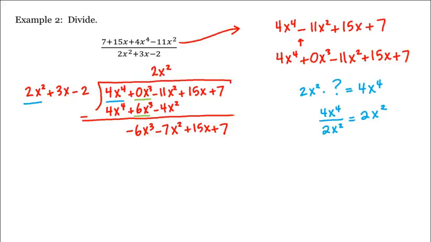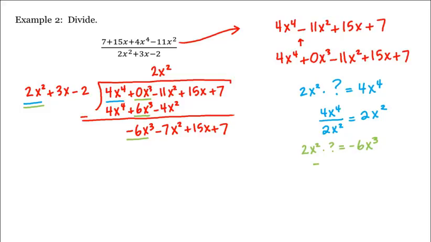All right, now we have to ask ourselves how many times this goes into this. That is, 2x squared times what is equal to negative 6x cubed. And that would be negative 3x, wouldn't it?